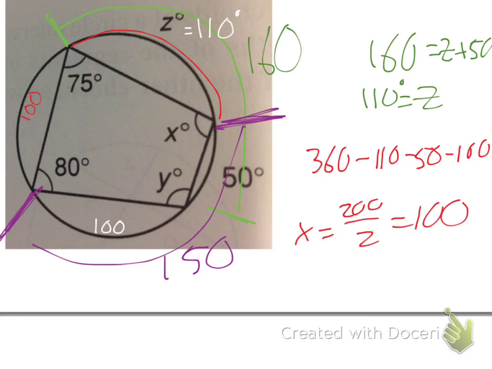Can I do the same thing to solve for y? y goes from the purple line to the purple line on its far side, which is made up of 100 and 110, which means y is equal to 210 divided by 2, or 105.